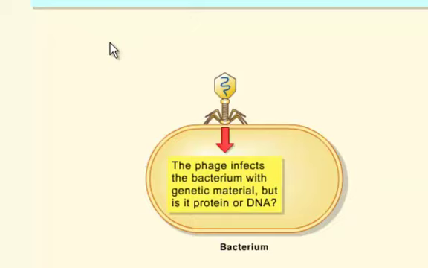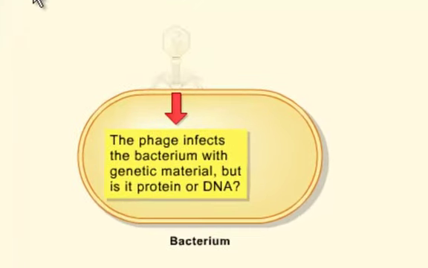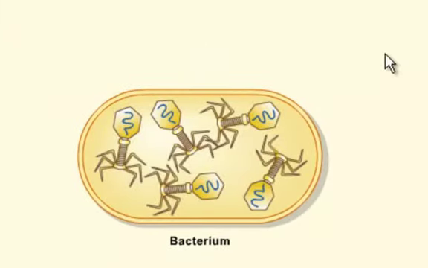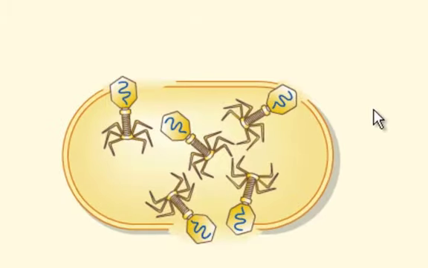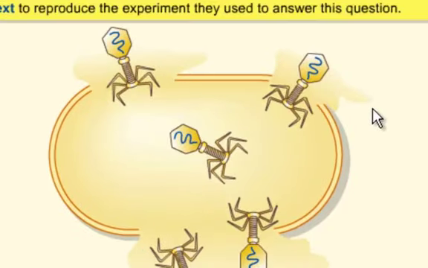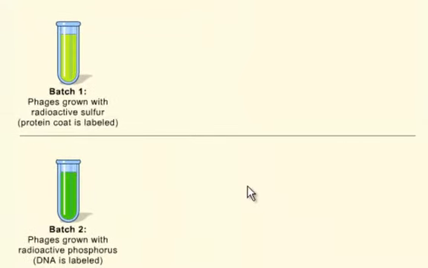So here it is attaching itself, and then it injects its genetic material, it multiplies, and then it bursts out of the cell again. So their question was, which part of it was it that caused the cell to start making new viruses? So they made two batches of bacteria.